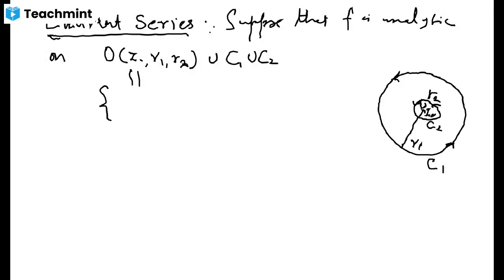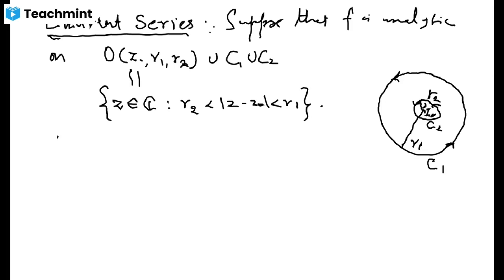It consists of all those points Z in C which lie between these two concentric circles, so that means R2 is less than mod Z minus Z naught, which is less than R1. This is the annulus, and this function is analytic on this annulus, including on its boundaries, the circles C1 and C2.